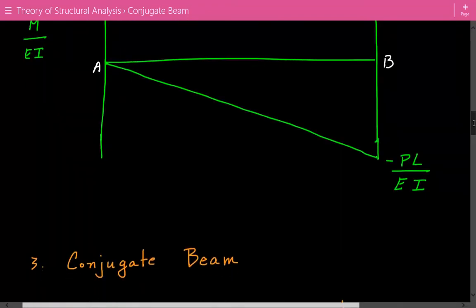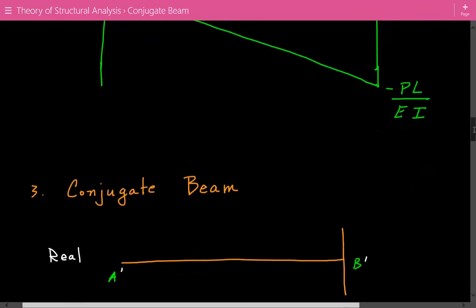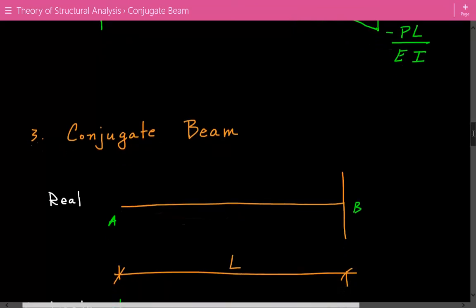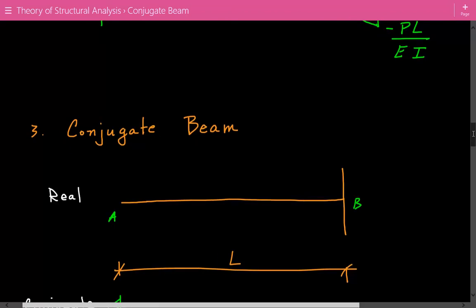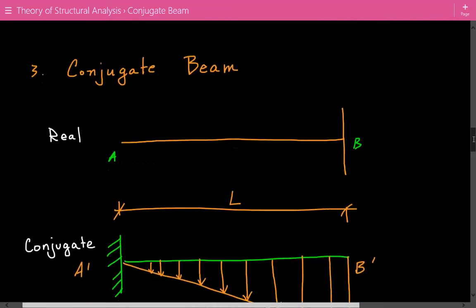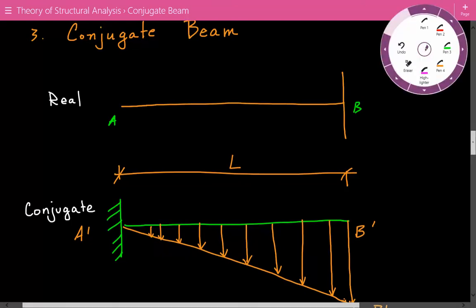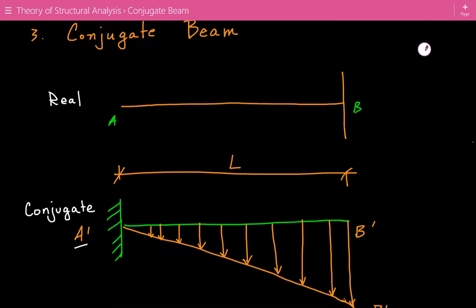After this, we're going to construct the conjugate beam. Our real beam is free at point A and fixed at point B. So the conjugate beam is going to be fixed at location A and free at location B. We call them A prime and B prime.